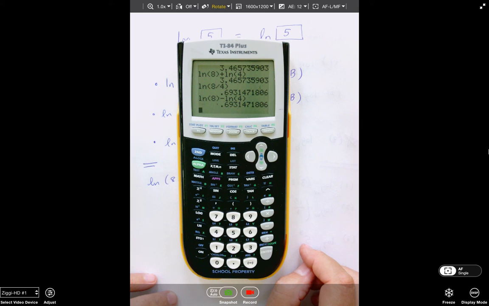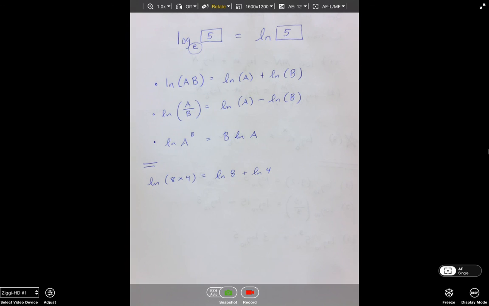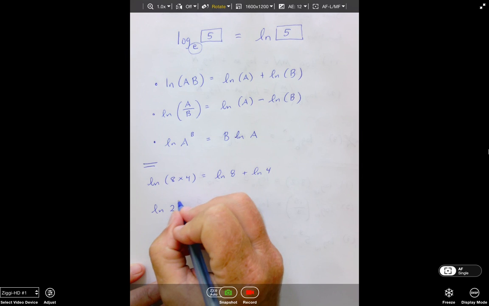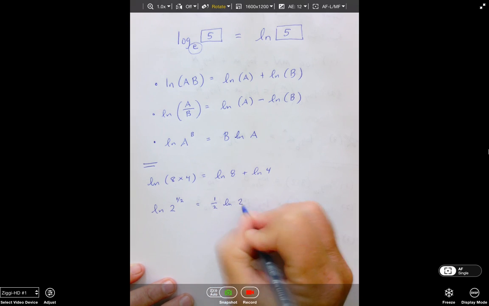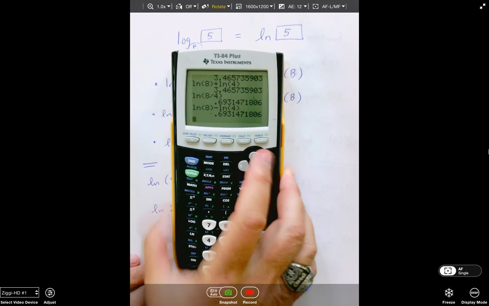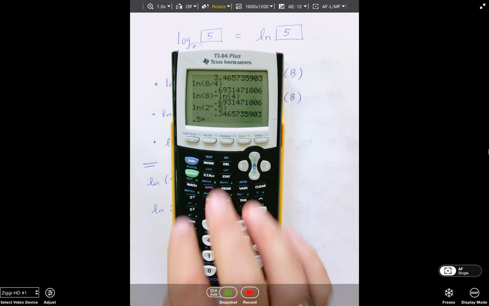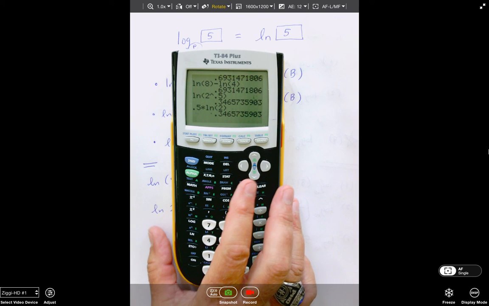Same thing when we get a power. For example, if we take the natural log of 2 raised to the 1/2 power, then this should be the same thing as 1/2 times the natural log of 2. So I can take the natural log of 2 raised to the 0.5 power, which is going to be equivalent to 0.5 times the natural log of 2.